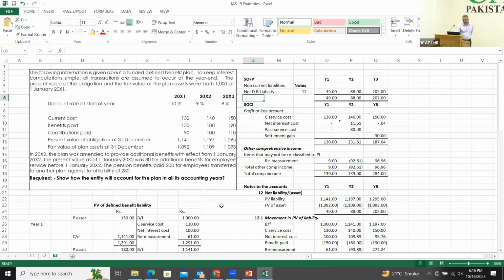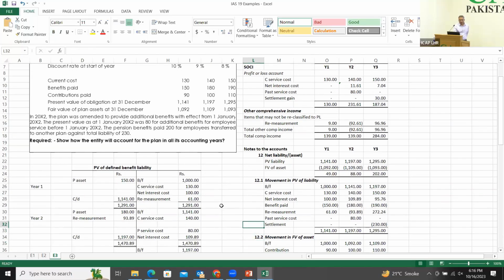So what will be your basic calculations? First of all, this will be your movement of liability. If you see, there is an opening balance of 1000, current service cost is added with the liability, then interest cost is calculated on the opening balance and recognized, net interest cost debit, defined benefit liability credit.